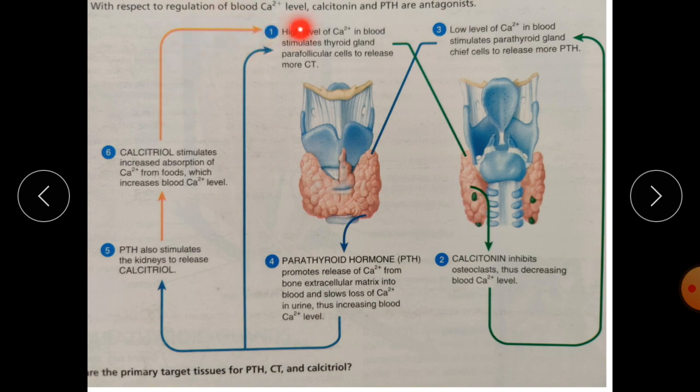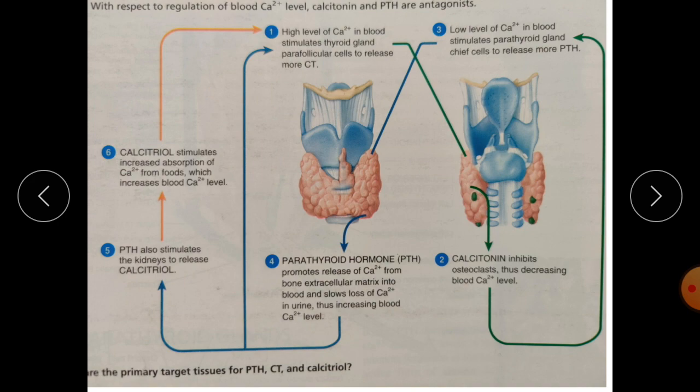In this fashion this cycle goes on and on, continuing. Whenever calcium increases this will release, whenever it decreases that will release. If the blood calcium increases there is release of calcitonin, if the blood calcium decreases there is release of parathyroid hormone from the parathyroid gland, and also there is the role of calcitriol. So there are three important hormones.